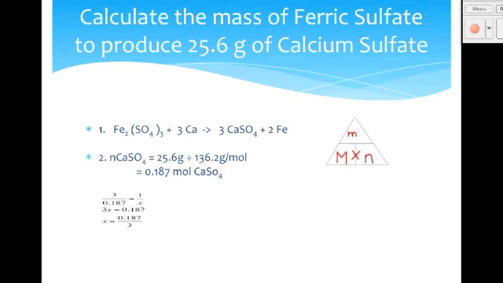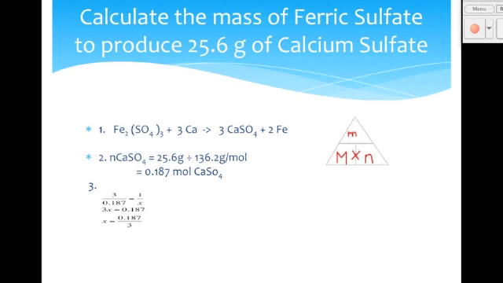So next we establish the ratios, and since we have calcium sulfate, it has 3 in the chemical equation, so we'd put that on top of 0.187, and since we're looking for ferric sulfate, we're gonna put a 1 and put the variable x under it, since we're trying to find the number of moles of that.